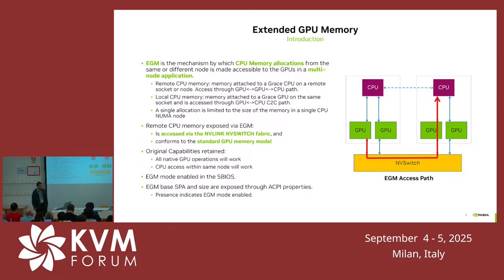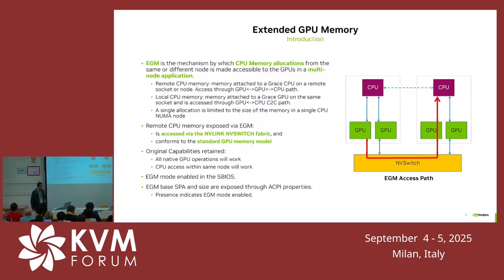To enable this mode, essentially, you are given a flag in SBIOS that you can flip to enable this mode. And the base and size of this EGM region would be exposed through the ACPI properties. The presence of these properties serves as a cue for the software to know whether EGM is enabled or not.